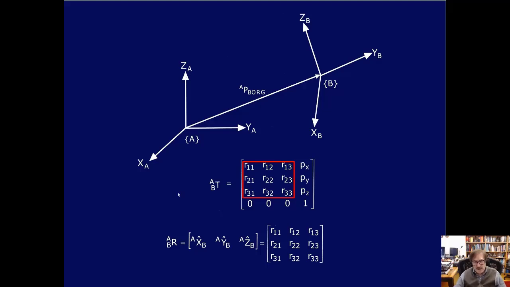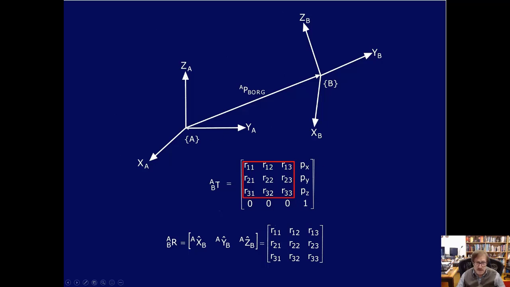Okay, let's now summarize what we've seen. We have been seeing that the transformation between a moving frame B and a fixed frame or reference frame A, or A can just be the previous moving frame, and if I talk in more general terms, the transformation of the B frame to A frame, where these frames can be moving frames or fixed frames, is expressed by a matrix which is composed of rotational part and positional part.